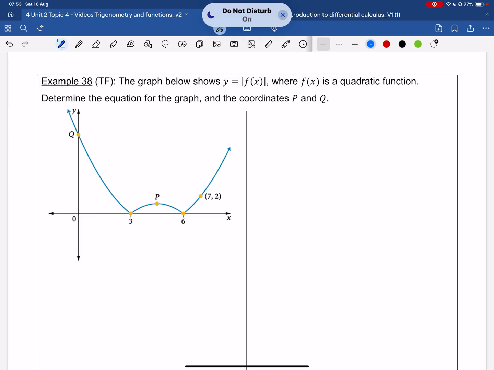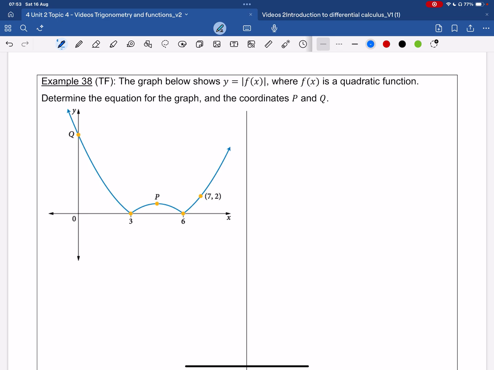Right, this is our last example for Unit 2, and we're going to find the equation of this function over here. The graph below shows y equals the absolute value of a function. As soon as I see it's an absolute value of the whole function, I know it has been reflected in my x-axis.